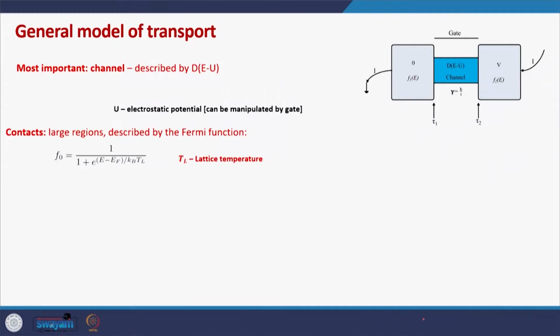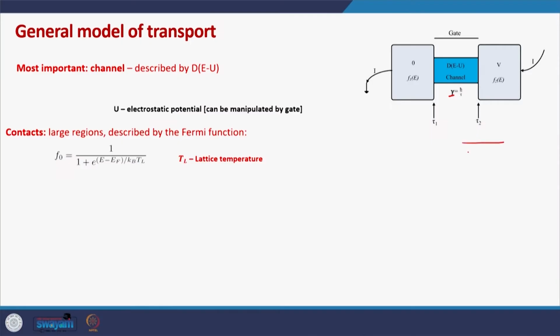A related concept here is the concept of gamma. So, when the channel is very small, as we know by now, in very small channels the energy levels will be discrete, because the confinement leads to discretization, and in these discrete energy levels electrons only spend a total time tau, coming from the contact to travel through the channel.